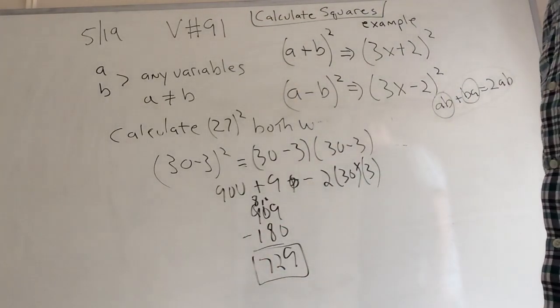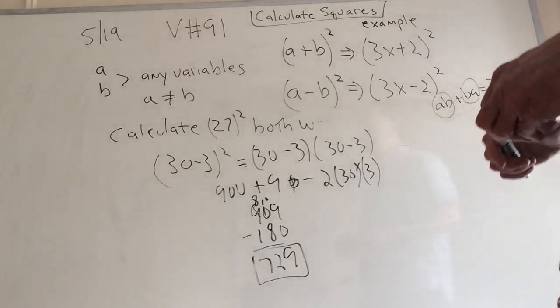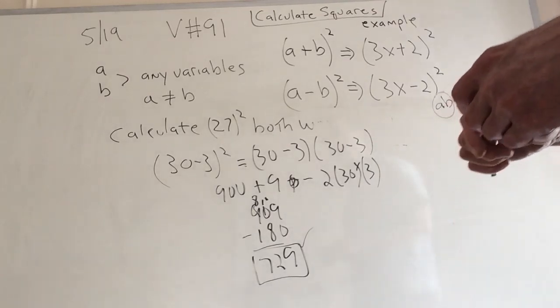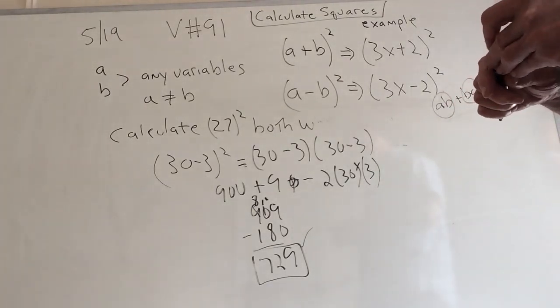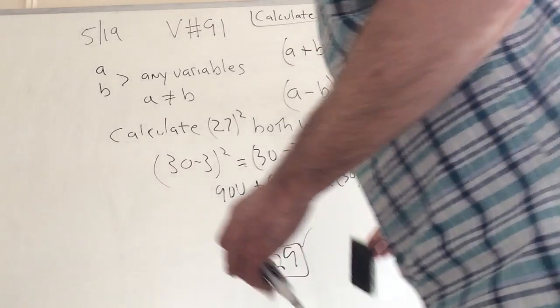So all Regents classes ask you to do simple problems like this. They're asking you to calculate the square of a number. We know, for example, that 729 is a perfect square. We can do this with any number we want, as long as we break it up properly in an interesting way.